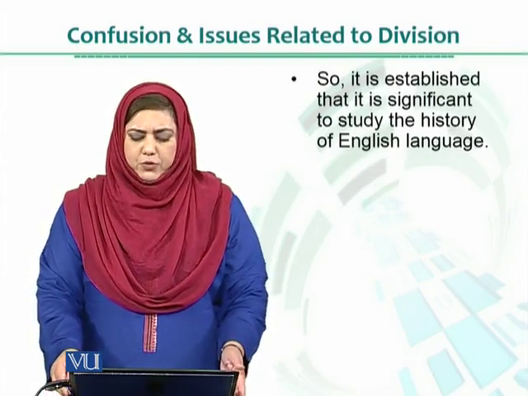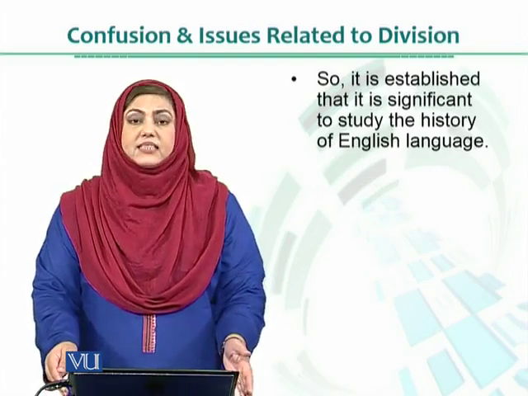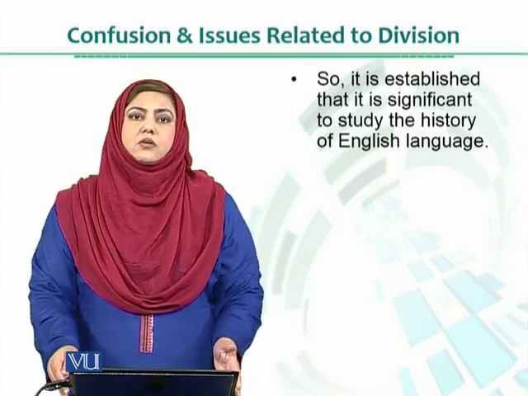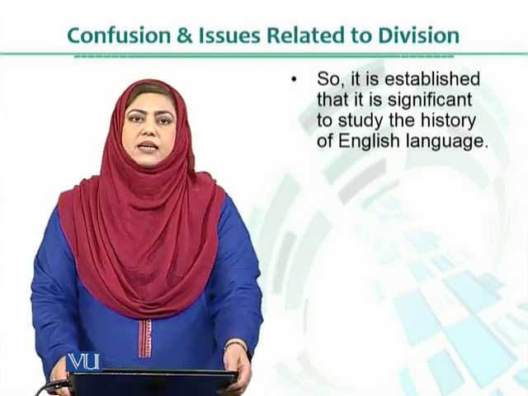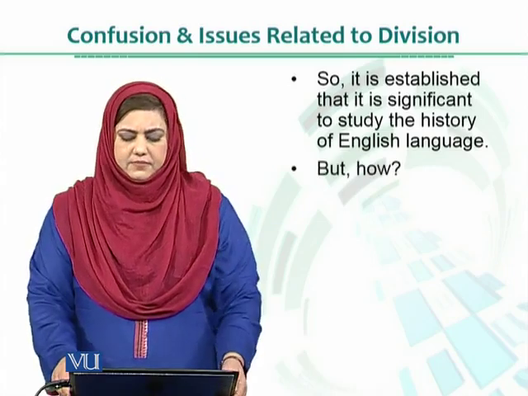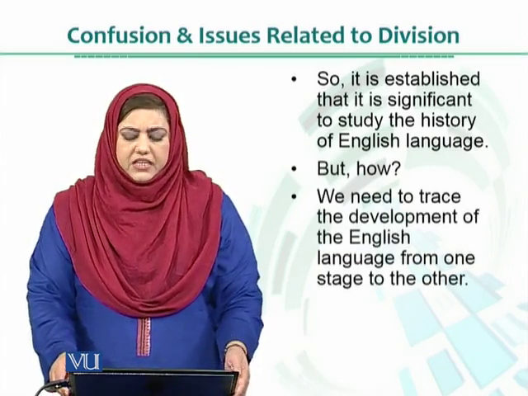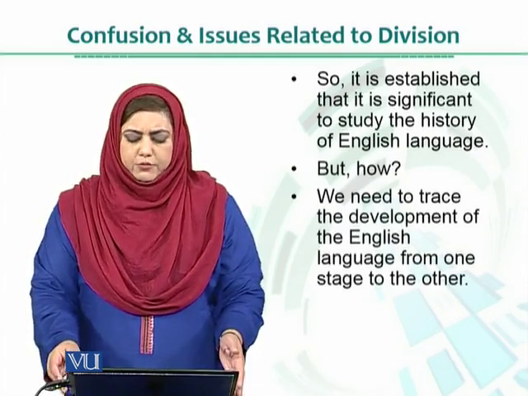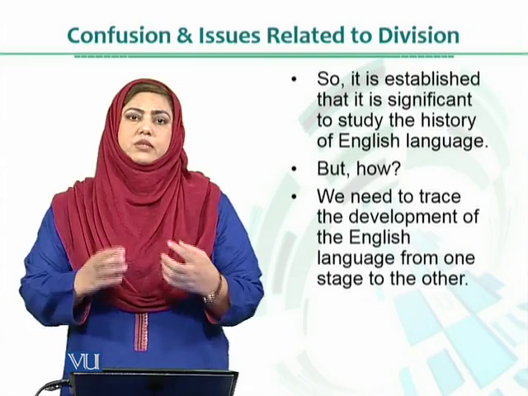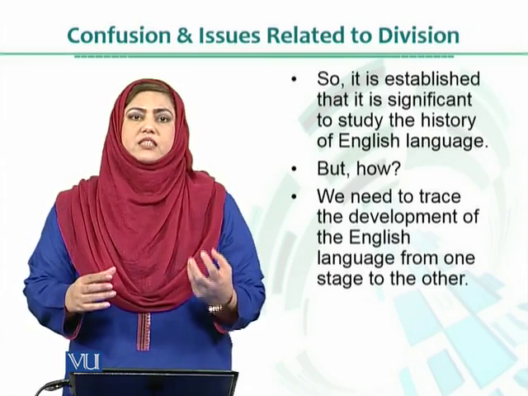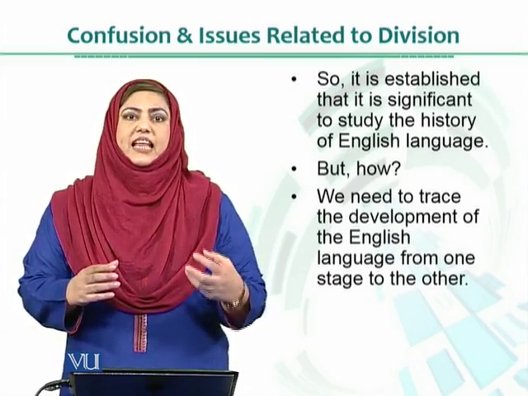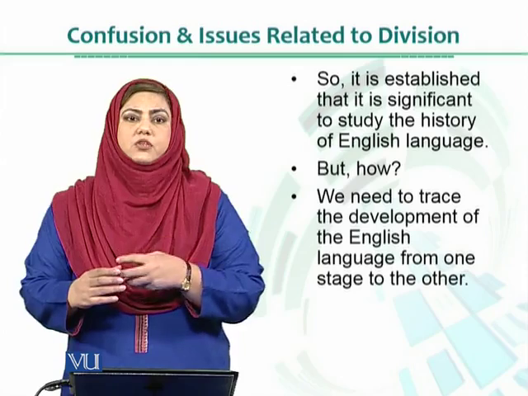So, till this point, what I've tried to establish is that it is significant to study the history of the English language, but in what ways it is to be studied and how the divisions are to be made is still a question. We need to trace the development of the English language from one stage to the other as students of its history, so that we could understand how the characteristics at one stage shifted or changed as the language moved from one time to the other.